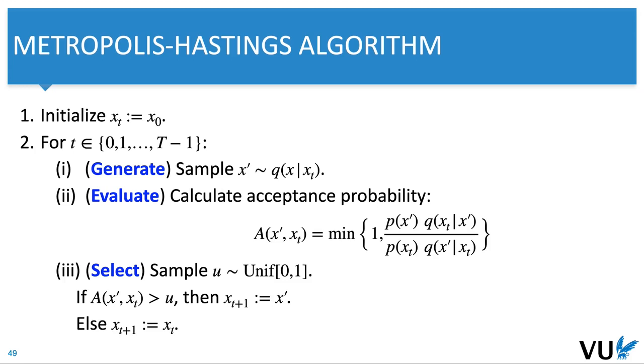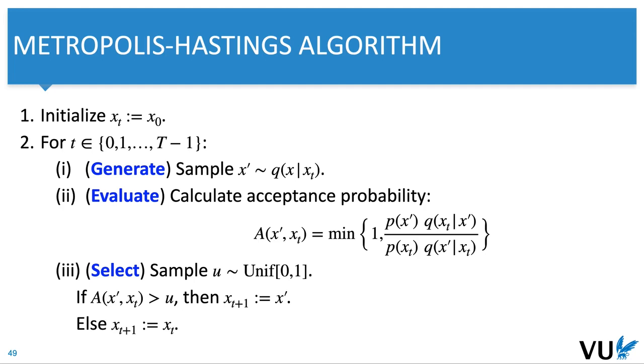And this leads us to a very nice algorithm called Metropolis-Hastings. Okay, so what is the idea? The idea is that we start with some point, we pick it at random, and for some number of iterations, we do three basic steps. First, we sample our new point from this proposal distribution, right?